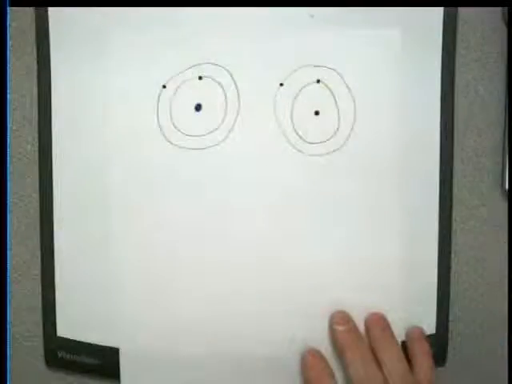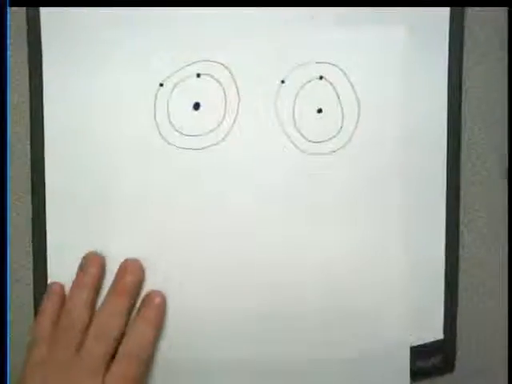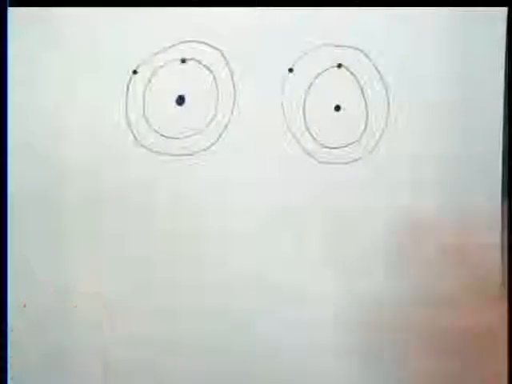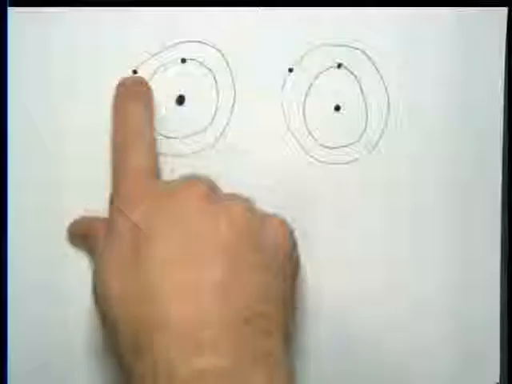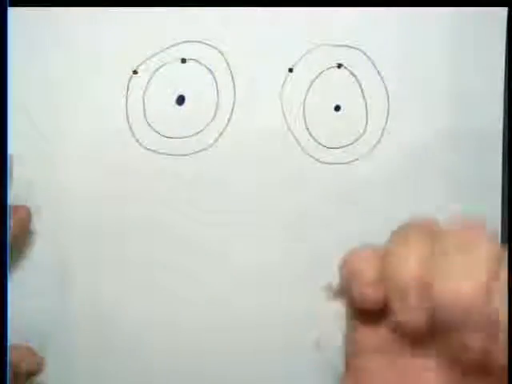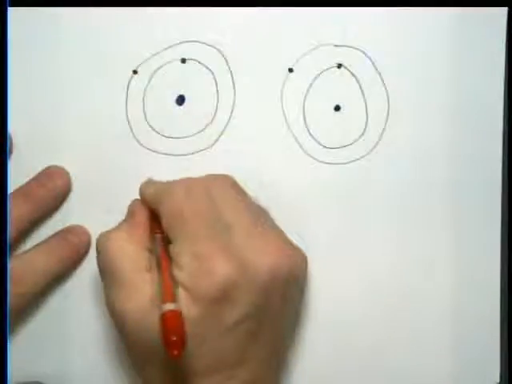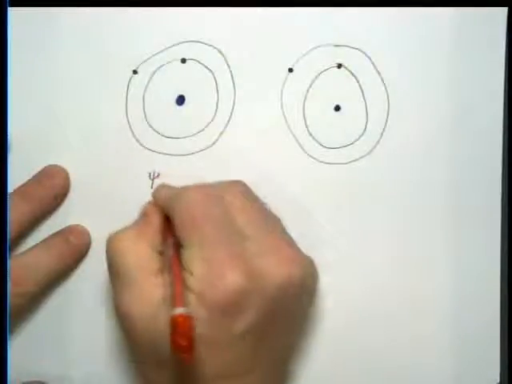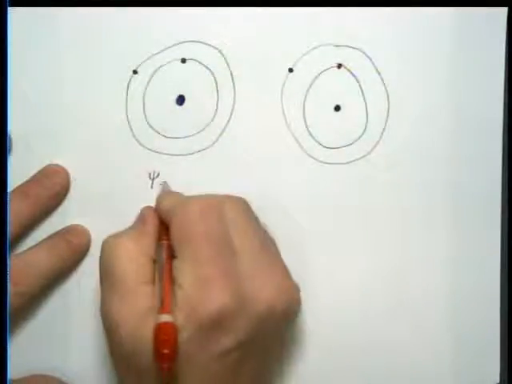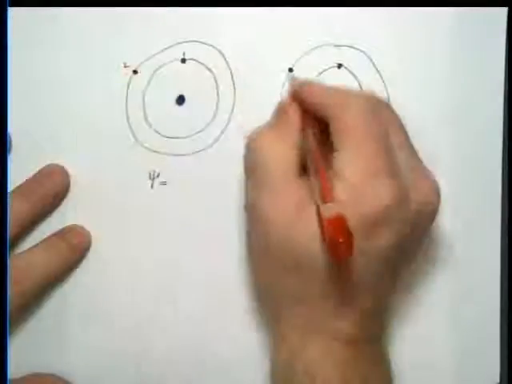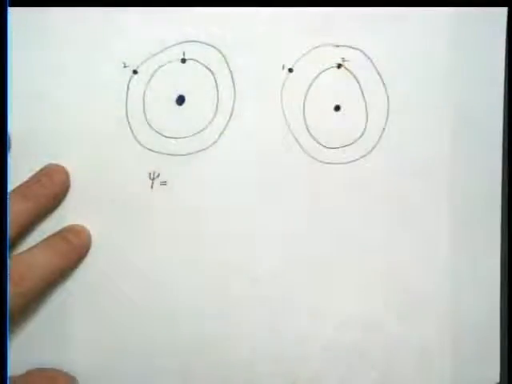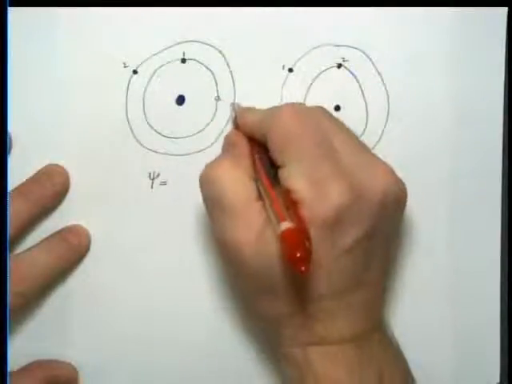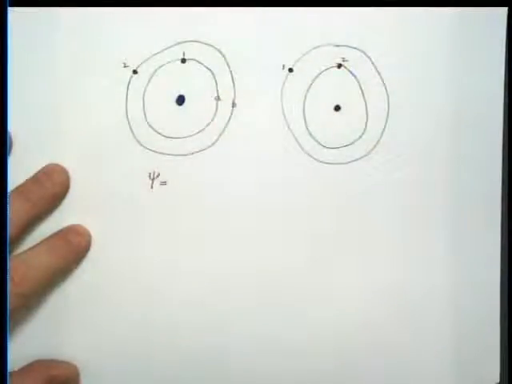I know that's kind of a bore, but just if it helps you a little bit, so be it. They really don't go around orbits, we know that. But here, I've got the black and the red, so this equation here would be this state. So I'm going to call the black being 1 and this being 2. So if I had a state like this is state A and this is state B, they don't have to be in different orbits, they could have different angular momentums.